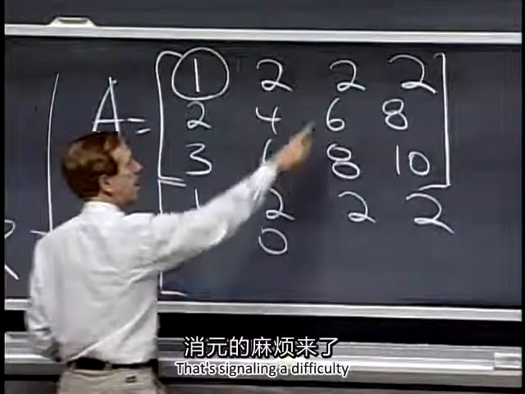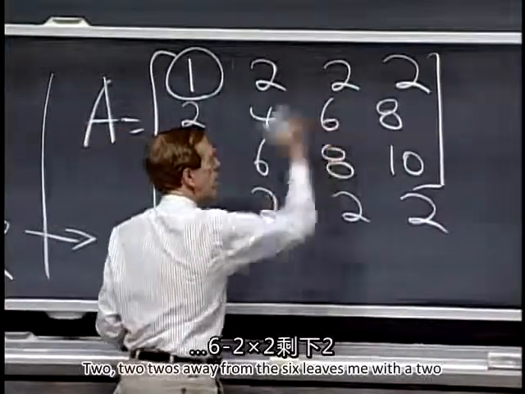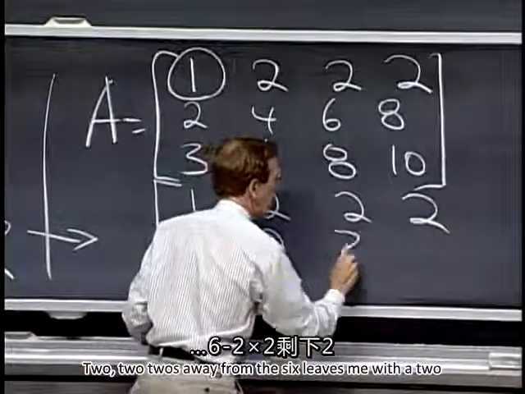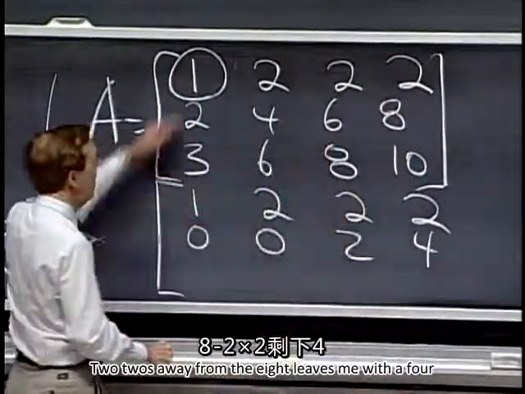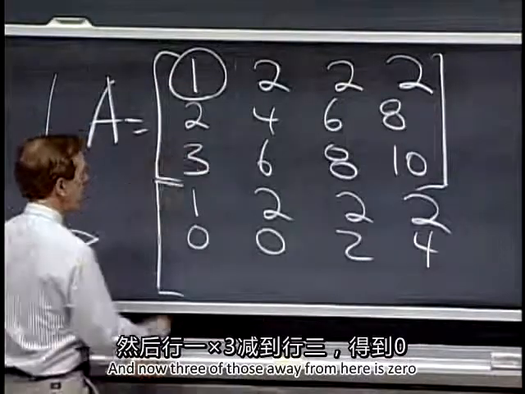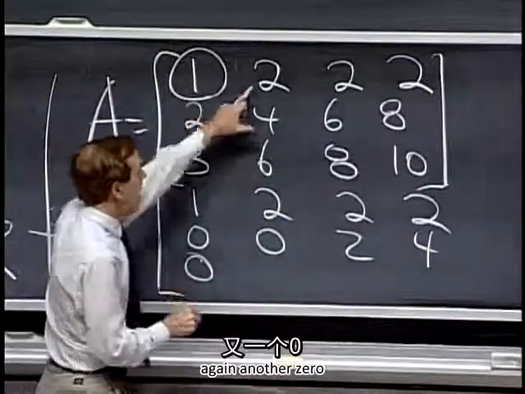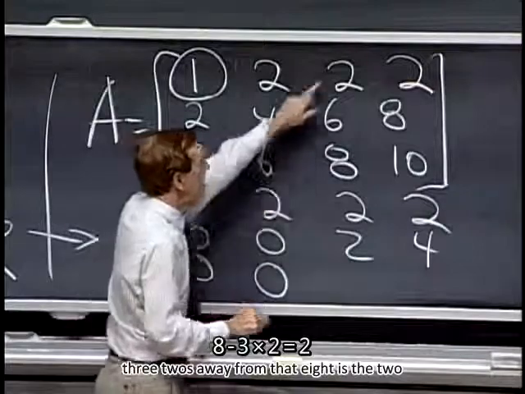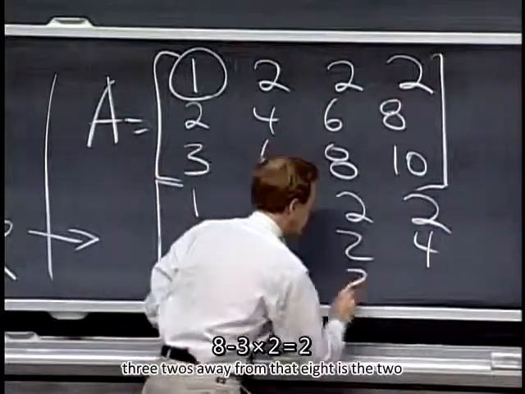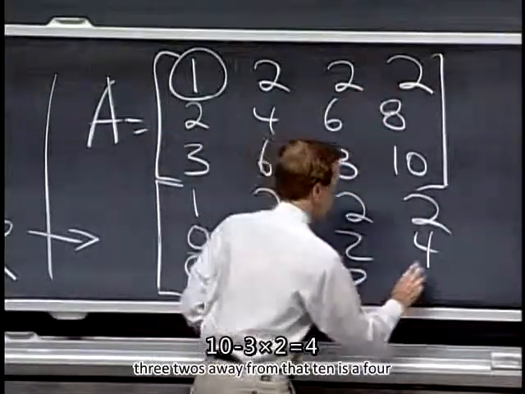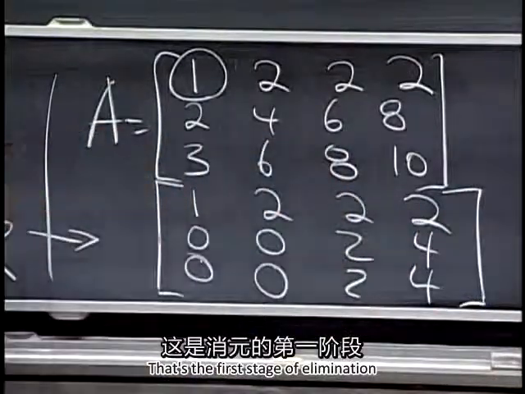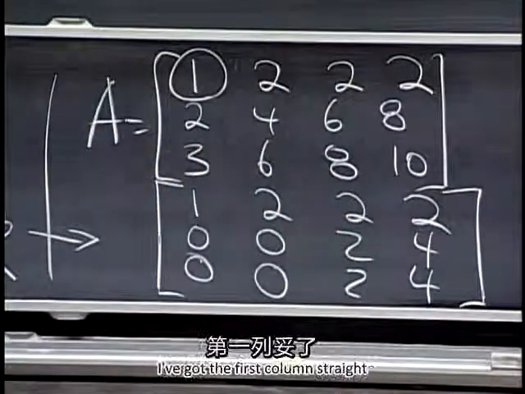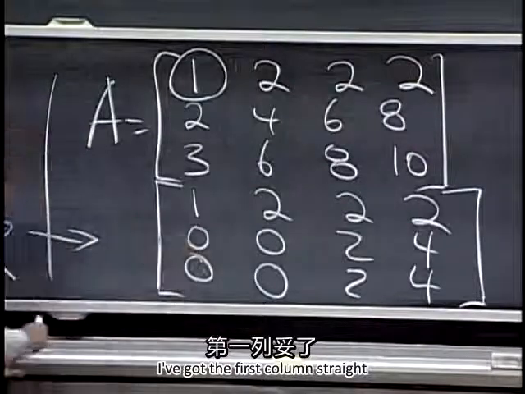That's signaling a difficulty. 2 2's away from the 6 leaves me with a 2. 2 2's away from the 8 leaves me with a 4. And now 3 of those away from here is 0. Again, another 0. 3 2's away from that 8 is the 2. 3 2's away from that 10 is a 4. Okay. That's the first stage of elimination. I've got the first column straight.